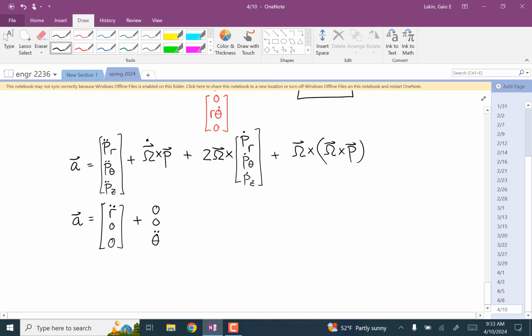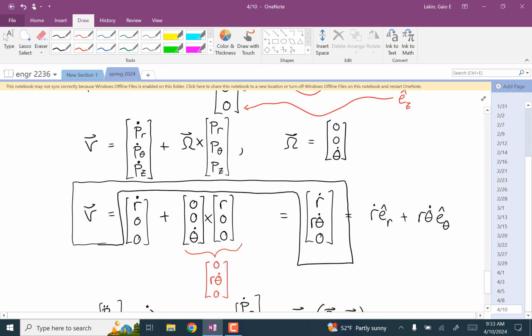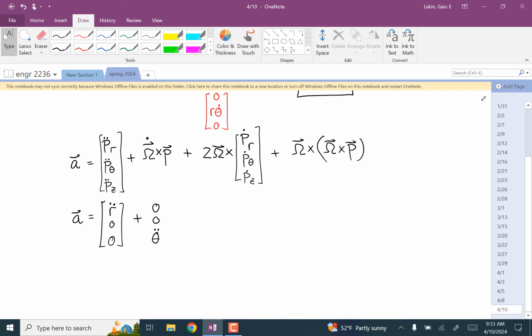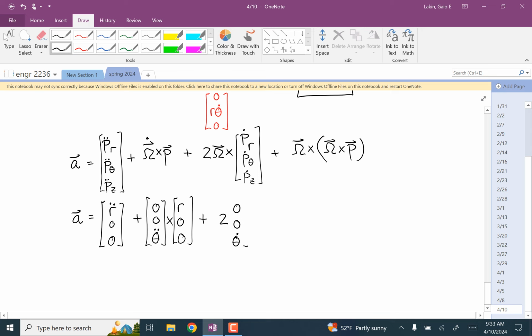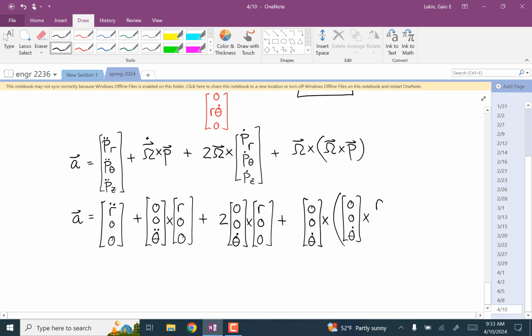Because our omega vector was 0, 0, theta dot, so this is just 0, 0, theta double dot, crossed with r, 0, 0, plus 2 times 0, 0, theta dot, crossed with r dot, 0, 0, plus 0, 0, theta dot, crossed with the quantity 0, 0, theta dot, cross r, 0, 0.